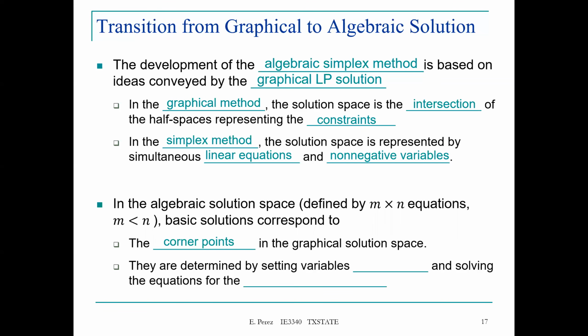And as we mentioned in the previous video, we know that in the graphical method, the optimal solution will be a corner or extreme point. So the simplex method does a search for those corner or extreme points and is trying to identify out of the corner points which one is the optimal. These are determined by setting variables equal to 0 and solving the equations for the remaining variables.